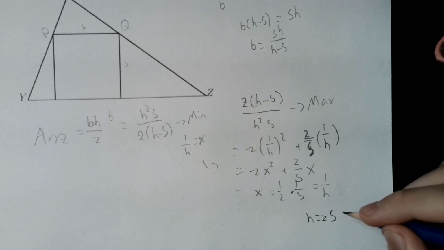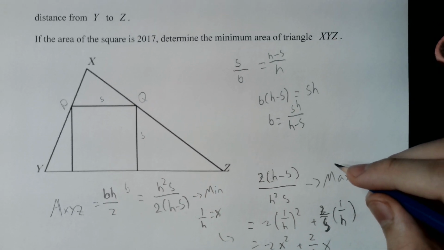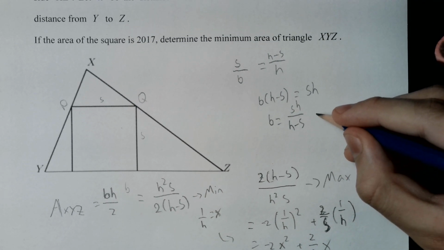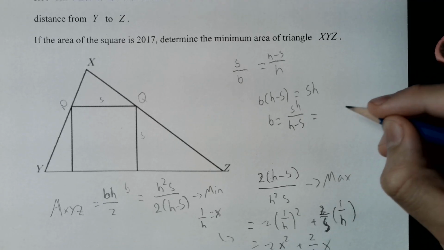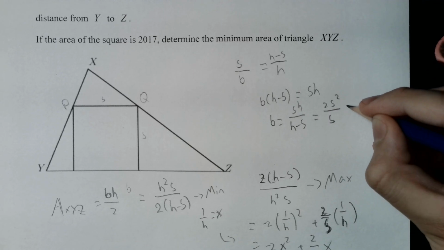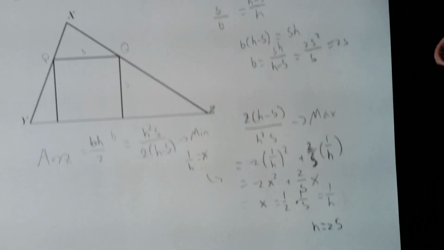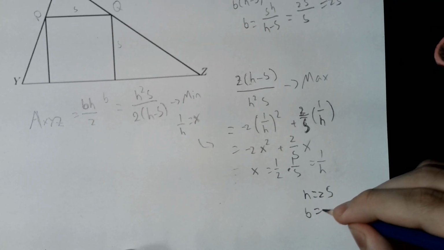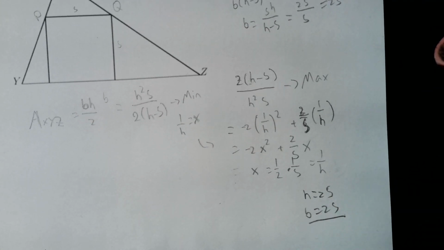And this means that we can then go on to solve for b. Going back into here, we have 2s, on top we have 2s squared, on the bottom we have s, and so b is also going to be equal to 2s. So now we know that h is equal to 2s, and b is also equal to 2s.